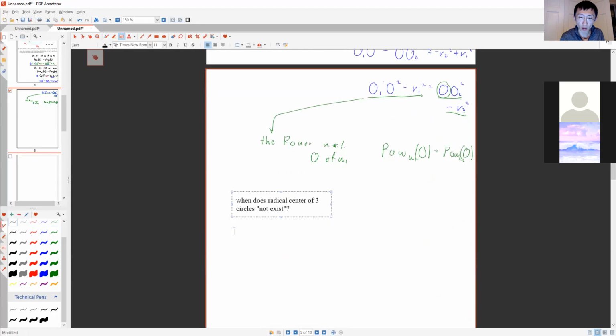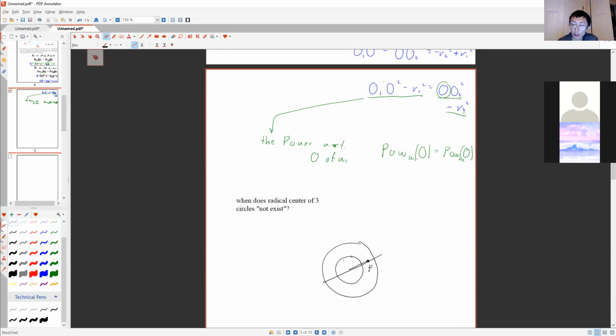Concentric circles. Well, if you just have two concentric circles, you already don't have a radical axis. Because, like here, the power of point P with respect to the smaller circle is positive. The power of point P with respect to the larger circle is negative.